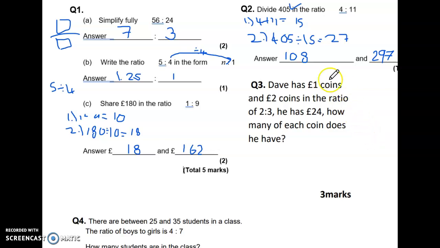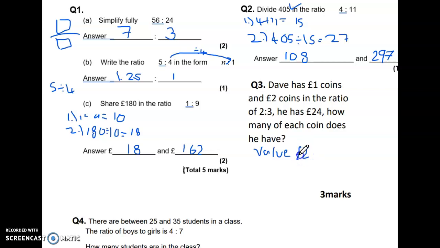So Dave has got £1 coins and £2 coins in the ratio of 2 to 3. So that's the quantity of them, 2 to 3. He's got £24 altogether, so how much of each coin does he have? So if we look at that as value, if he's got 2 lots of pound coins, he's got £2.